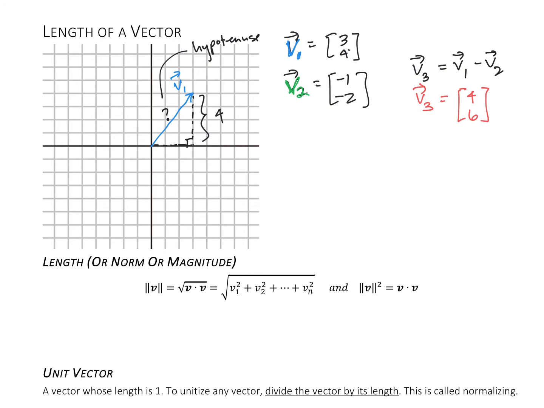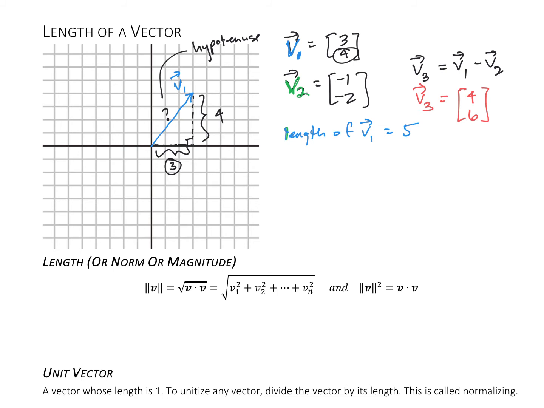This guy here is 3. And if you know your Pythagorean theorem, hopefully you know that this is 5. So the length of vector 1 is 5, because 3 squared plus 4 squared, square rooted, is 5.